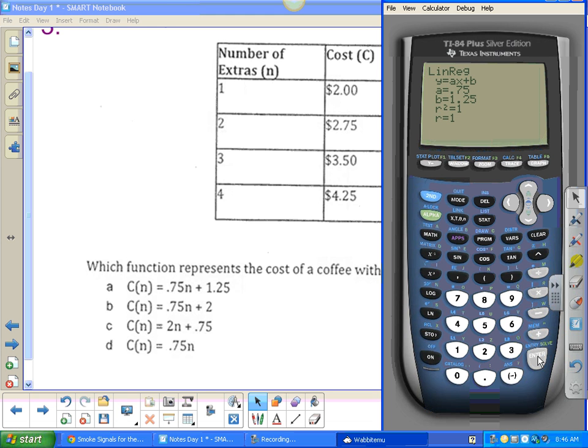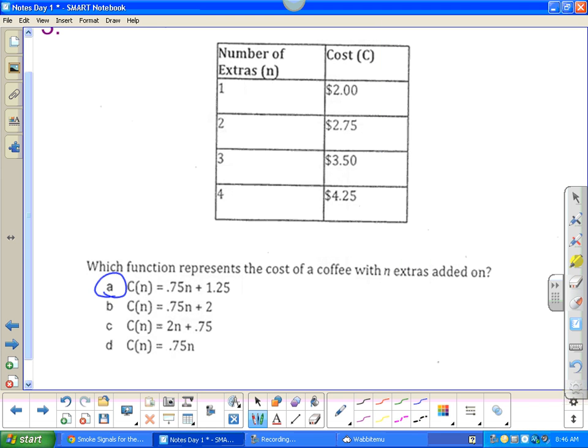So there's my y equals ax plus b. A is 0.75 and my b is 1.25. So then look at your multiple choice and see if you can find one that has a slope of 0.75 and a y-intercept of 1.25, and the answer is A.